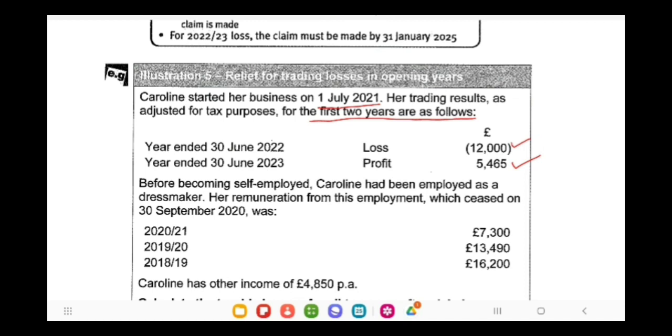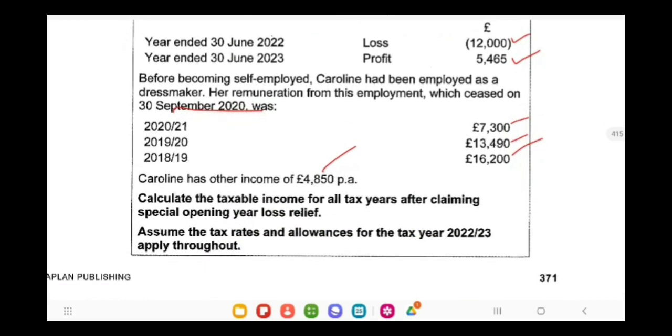Her remuneration from this employment, which ceased on 30th September 20, was 7,300, 13,490 and 16,200. Apart from this, Caroline has other income of 4,850. Calculate the taxable income for all tax years after claiming special opening year loss relief. So this is the question.